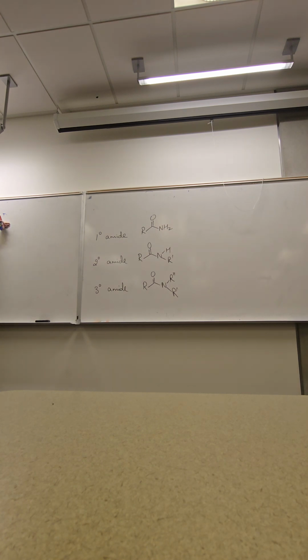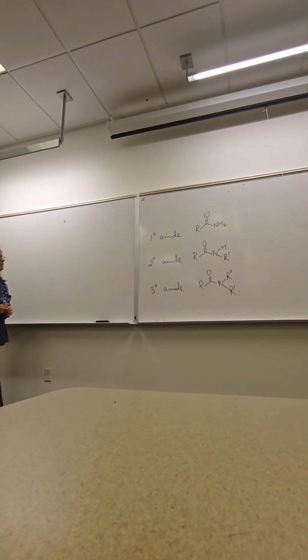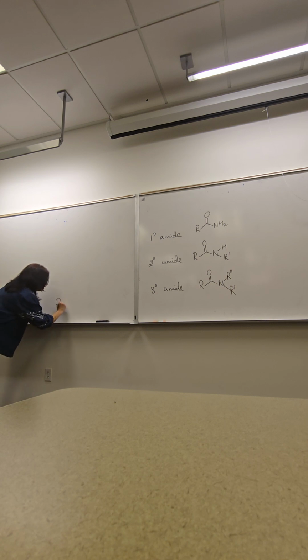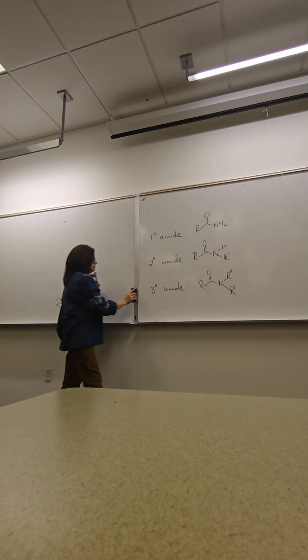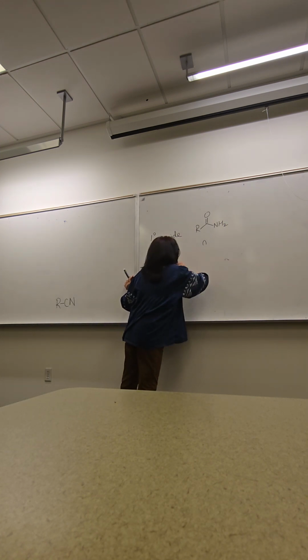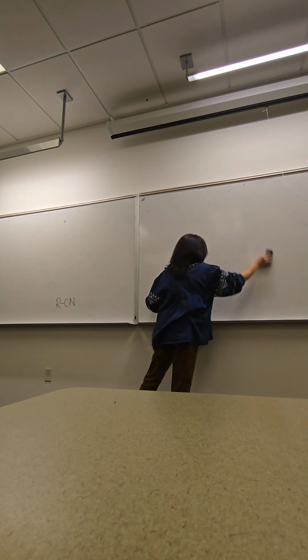Derivatives: acid halides, anhydrides, esters, amides, right? There's one more. Please write that down at the bottom. What is this family called? Nitriles. The cyano group, nitriles. Those are also considered to be derivatives of carboxylic acids.